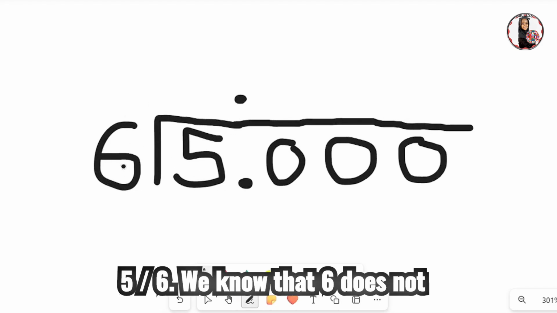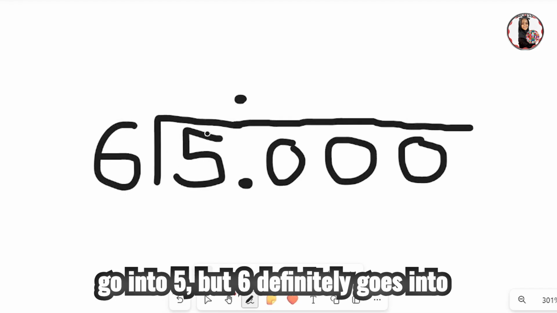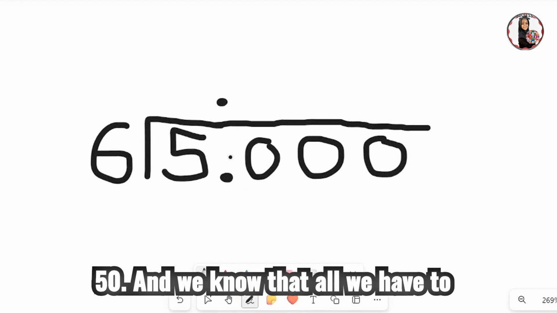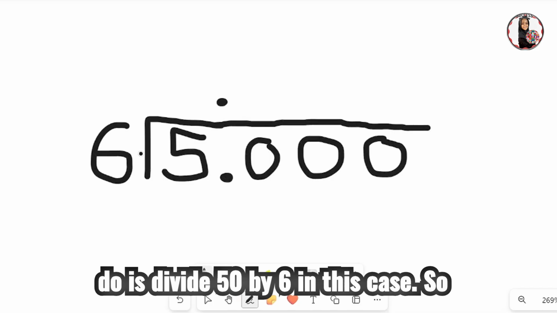So, 5 divided by 6. We know that 6 does not go into 5, but 6 definitely goes into 50. All we have to do is divide 50 by 6 in this case.